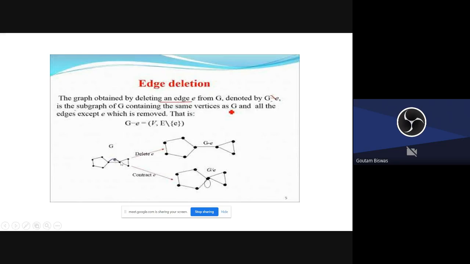E is this edge, so G minus E. This curved line is E, and this is contract E. That means G is also deleted. Contract means these two are merged, and E has become a parallel edge, a loop. So this is called edge deletion.